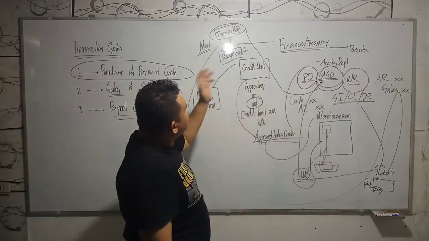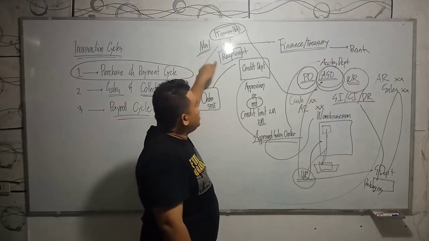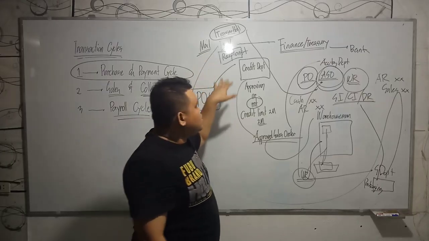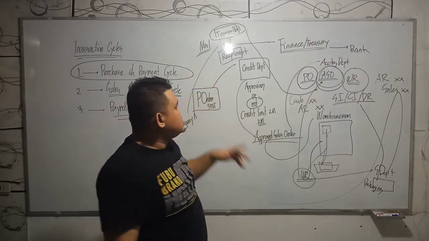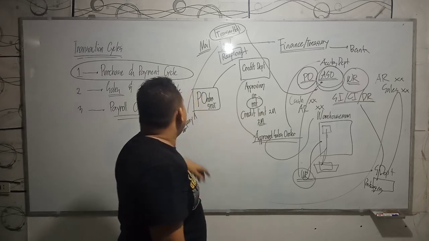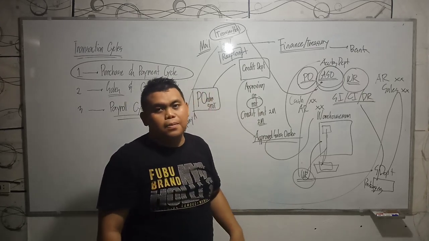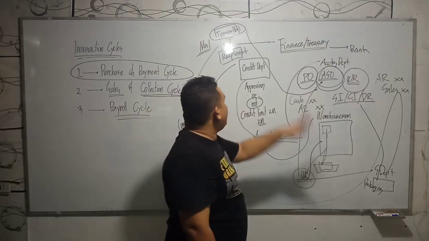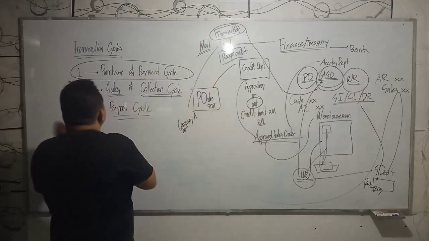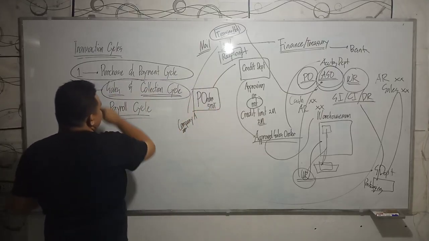However, if there is no transmittal, the receptionist should make one, so that the accounting department will know that there is a check that has been paid by the client or the customer. Okay? So, that's how the sales and collection cycle looks like.